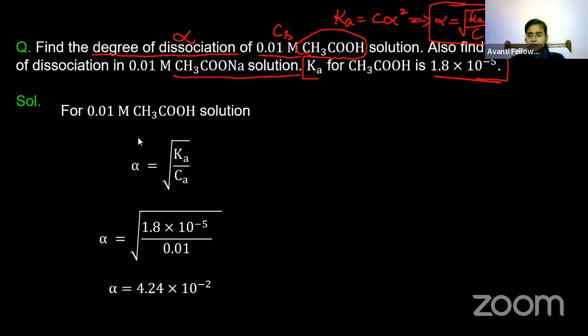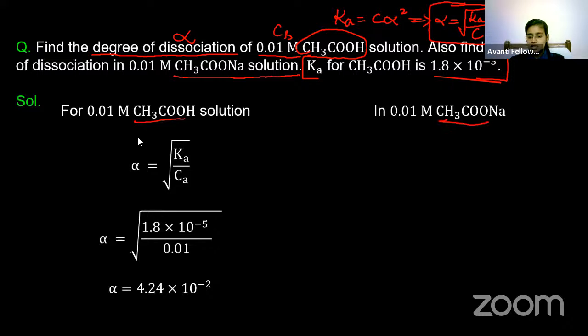Now we have to find the degree of dissociation for CH3COO. This is the substance which has been added. It is a salt, not a weak acid. So here we have to use the common ion effect, since this particular ion is common.